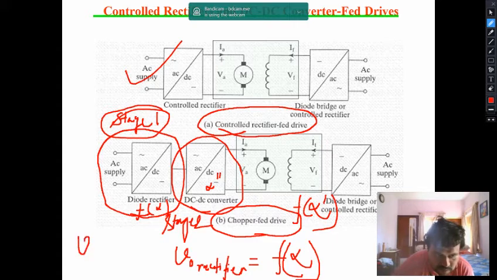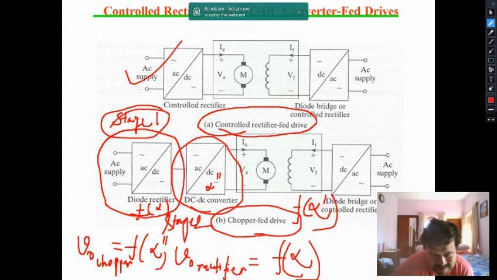So the output voltage of the chopper is a function of what? Alpha double dash. And what about this input? This input is the output of the rectifier, which is a function of alpha. So your chopper output is a function of alpha double dash and alpha.